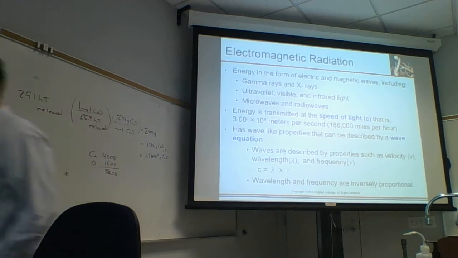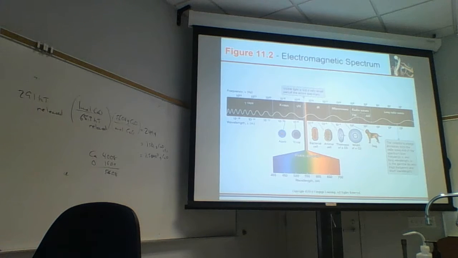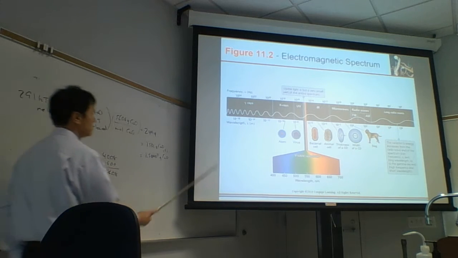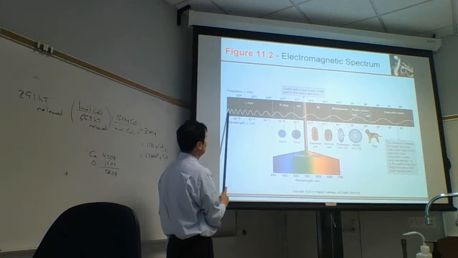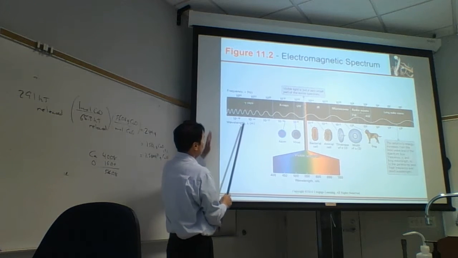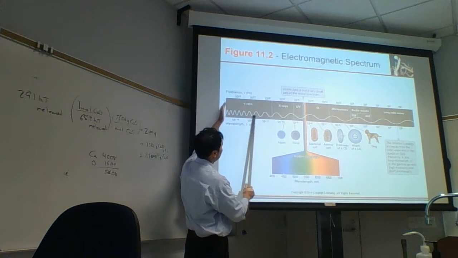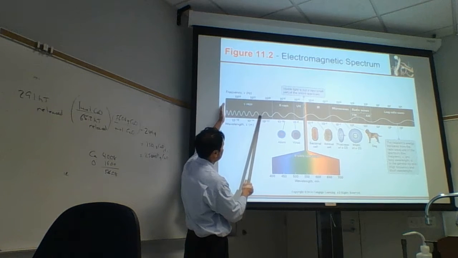Based on the waves, and we'll take a look at this next slide, when we look at gamma rays, these have a lot of punch. Even though they're moving at the same speed as the radio waves, they're going to have much higher frequency. Imagine this wave moving at you at the speed of light, which is 186,000 miles an hour.